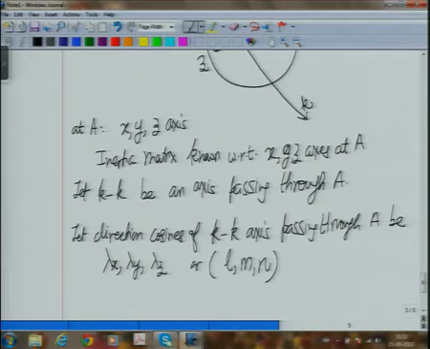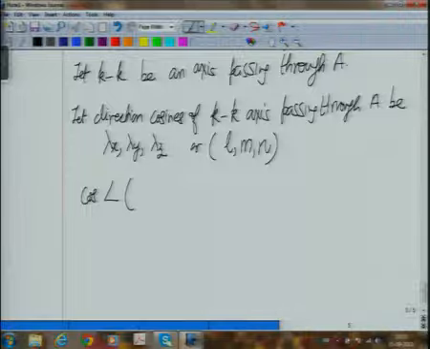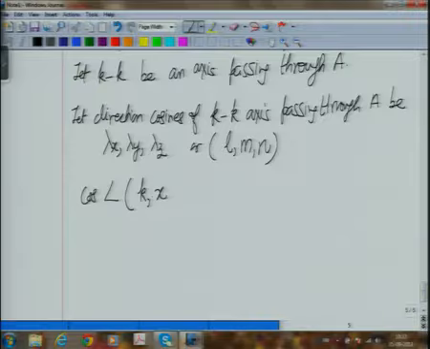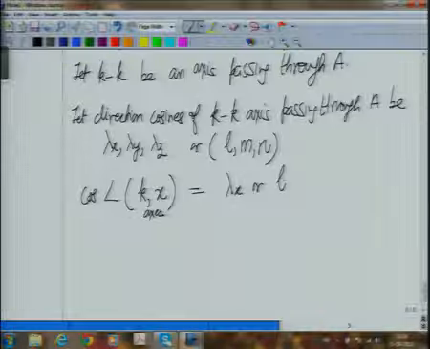So now let us see what this is. Cosine of the angle between K and the x axis is equal to lambda x or L. This is the meaning of what I am saying.